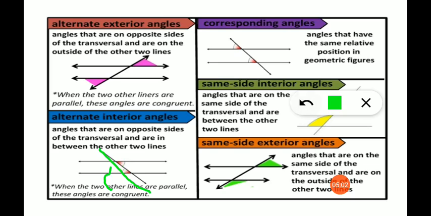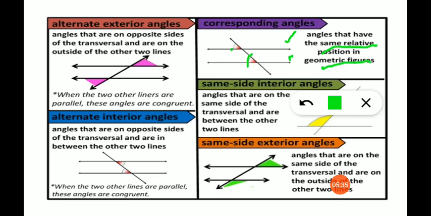Okay. Then next we have corresponding angles. Corresponding angles means the angles which are on the same side of the transversal, or we can say the same relative position, which means if an angle is on the left side of the transversal, then both the angles will be on the left side. See here, both the angles are on the left side, and also both the angles are above the two lines.